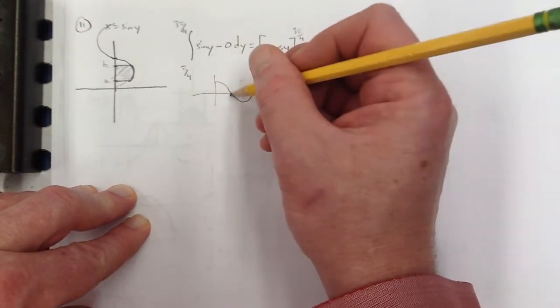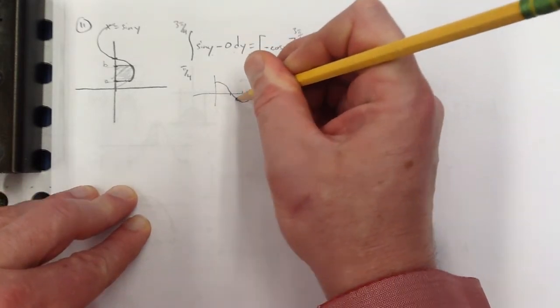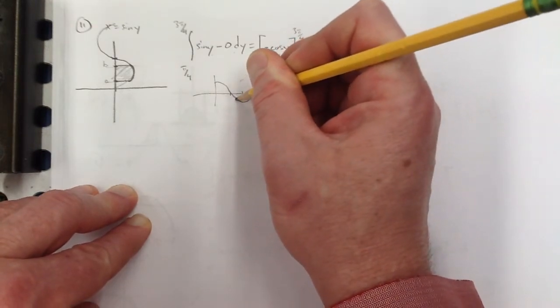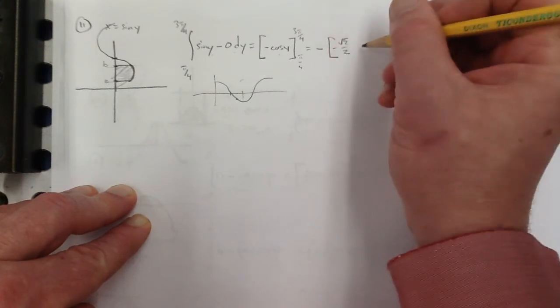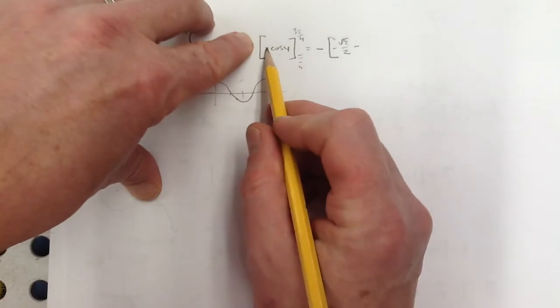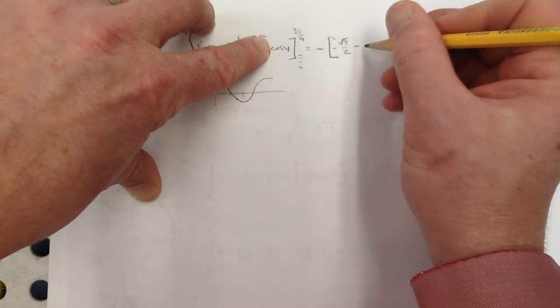So 3 pi over 4, that's pi over 2, is here, right? So cosine of 3 pi over 4 is the negative square root of 2 over 2. Minus the cosine, remember this minus sign got pulled to the outside by me, cosine of pi over 4 is positive.